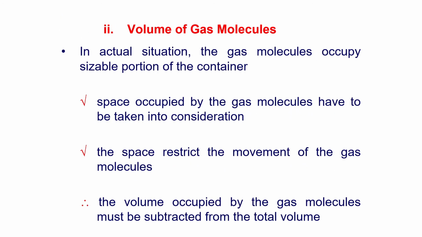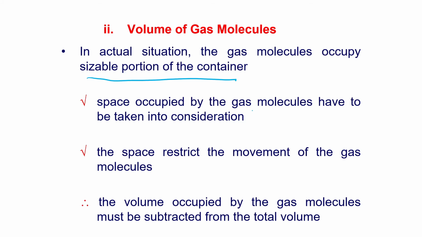While untuk volume for the gas molecules, untuk isi padu pula, in actual situation, dalam keadaan yang sebenar, gas molecules occupy a sizable portion of the container. Dalam keadaan sebenarnya gas molecule dia mempunyai portion, sebahagian yang besar dalam container. The space occupied by the gas molecules has to be taken into consideration.